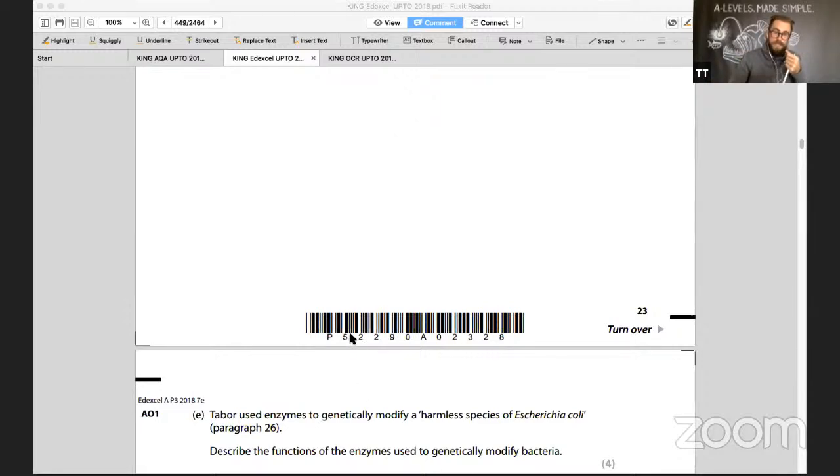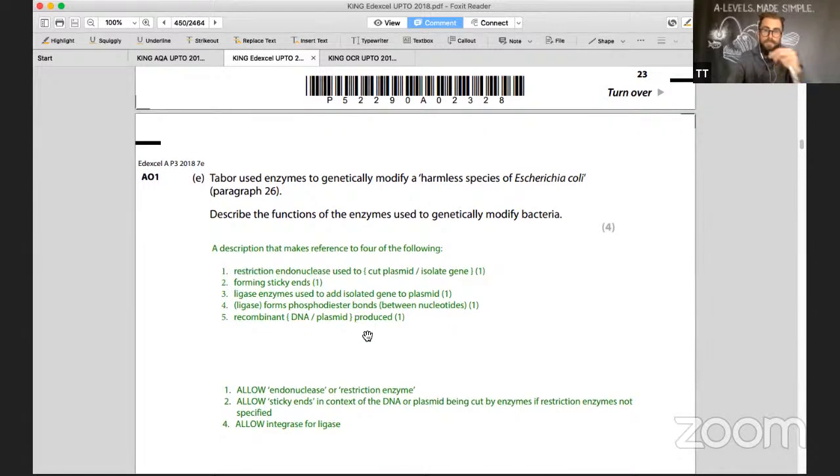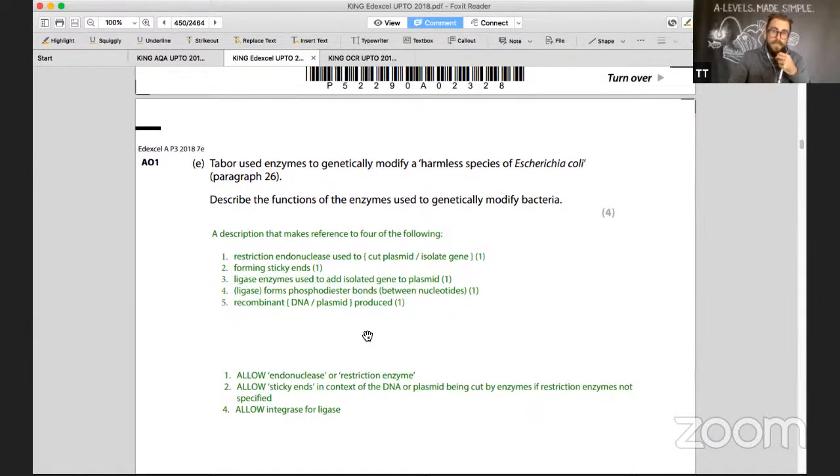Okay, I'll scroll down so we can see the answers. Notice how sticky ends is always in here, always.